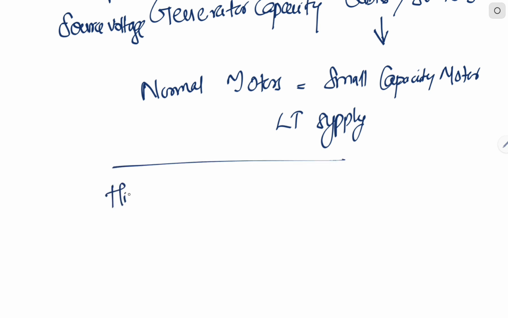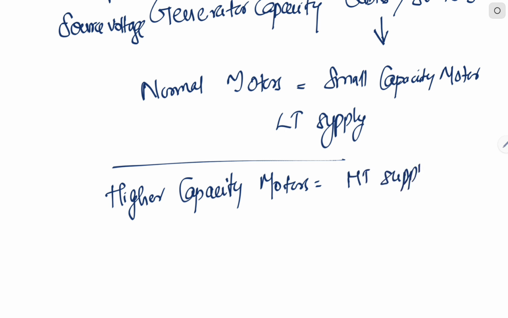Higher capacity motors, we have to go for the HT supply. Maybe 3.3 kV, 6.6 kV, 11 kV type.